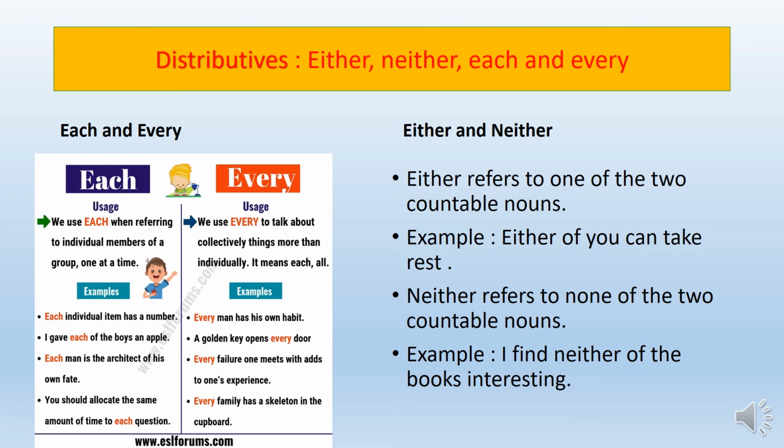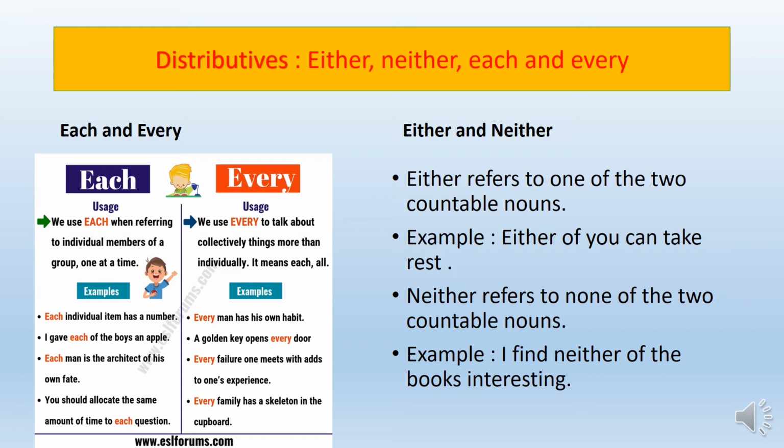Now let's move to either and neither. Either refers to one of the two countable nouns. Out of the two, one. Example: either of you can take rest. Out of two, one of you can take rest. Neither refers to none of the two countable nouns.